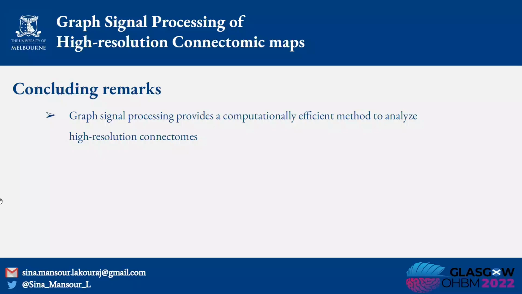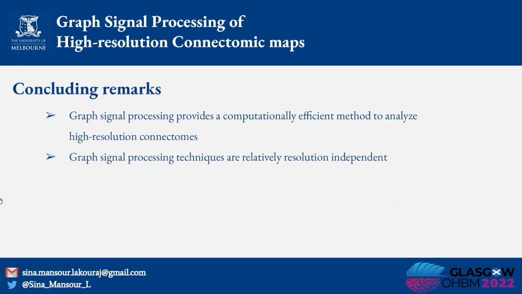So as I promised, I would like to end my talk with a few take-home messages. We observed that graph signal processing provides a computationally efficient method to analyze high-resolution connectomes, and these connectomes are usually hard to analyze because they're large in size, and graph signal processing is a great way of both dimensionality reduction and reduction of information into interpretable information.